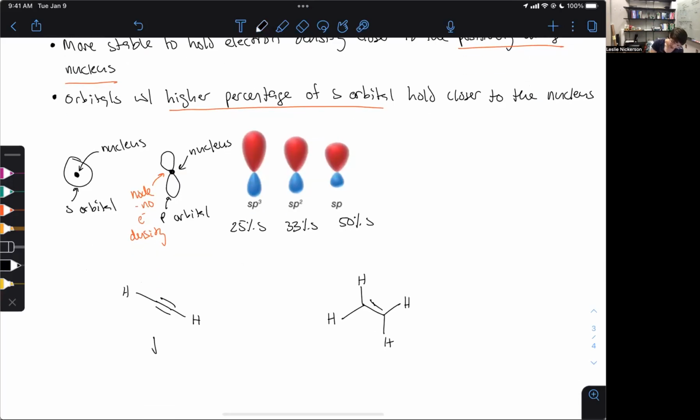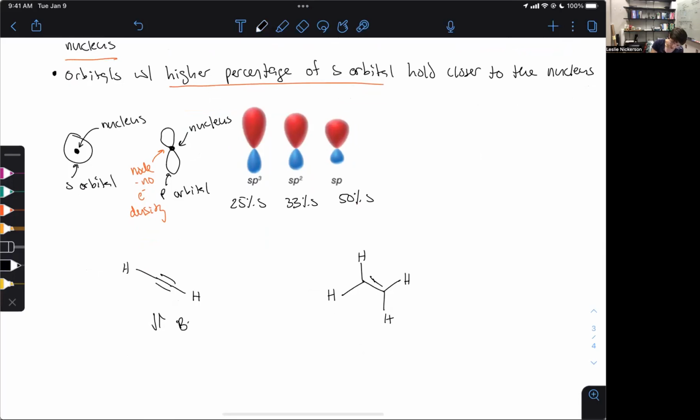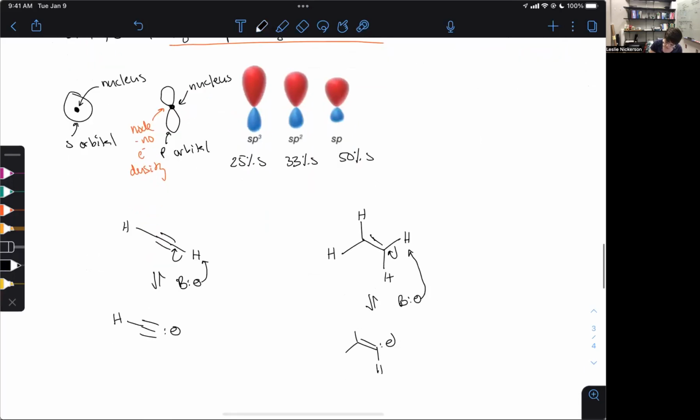So if I'm looking at this, again, I'm looking for the conjugate base. I'm going to end up with something like that for my alkyne, and then something like this for my alkene. So this lone pair is in an sp orbital. This lone pair is in an sp2 orbital.